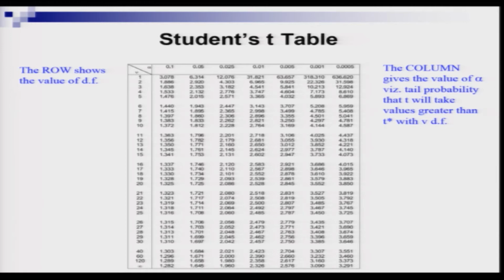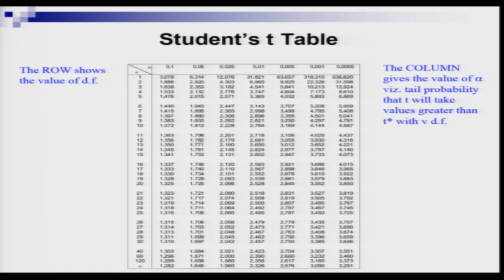Now, the columns. The columns give us the value of alpha, and what is alpha? It is the tail probability that the random variable small t will take values greater than t star with v degrees of freedom.